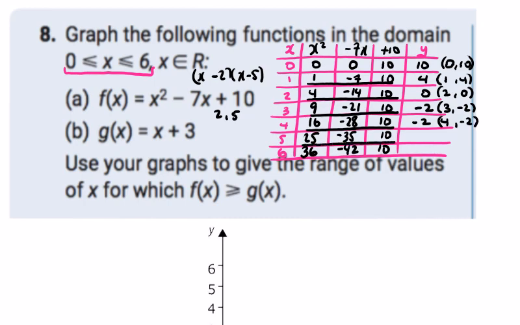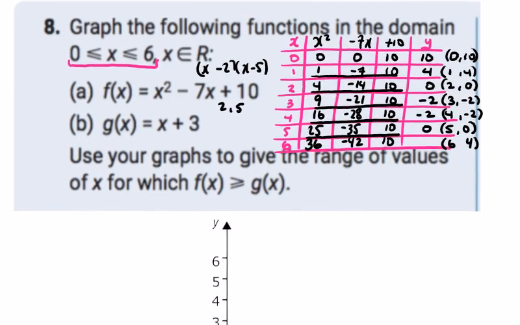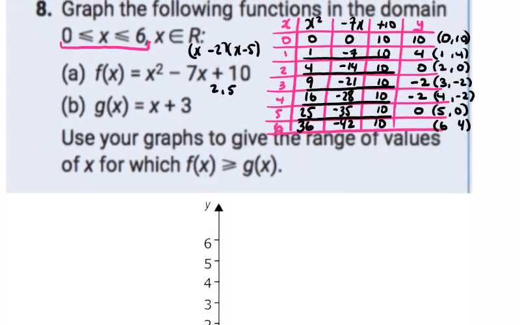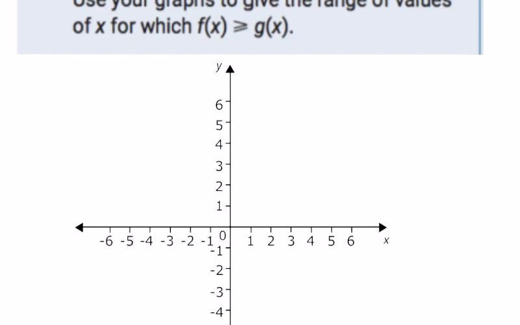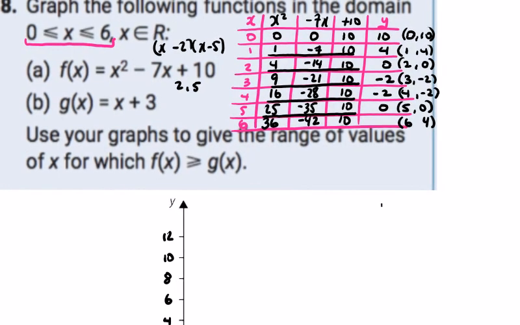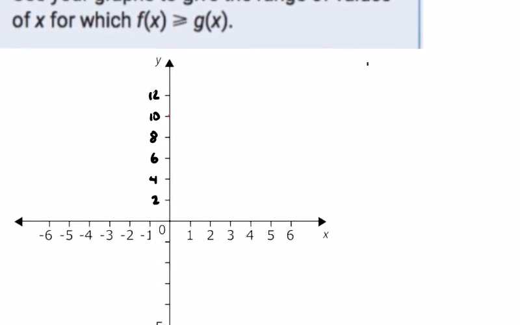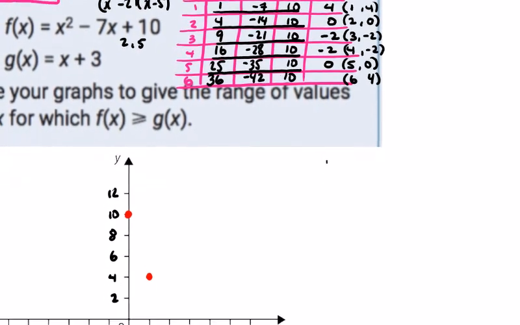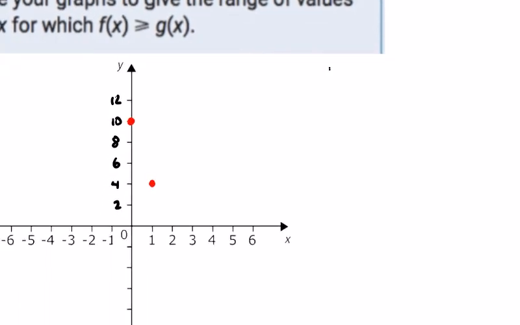Then we should get 0: 25 and 10 is 35, minus 35 is 0. And then 36 and 10, 46 minus 42 is 4. And you can see the symmetry here with this graph. So I'll just change the scale on the y-axis and we'll fit all these in. So 0, 10 and 1, 4, 2, 0, and then 3, minus 2 and 4, minus 2.